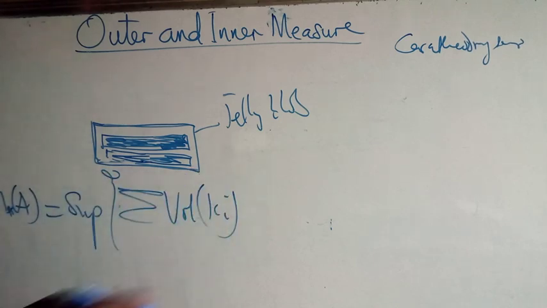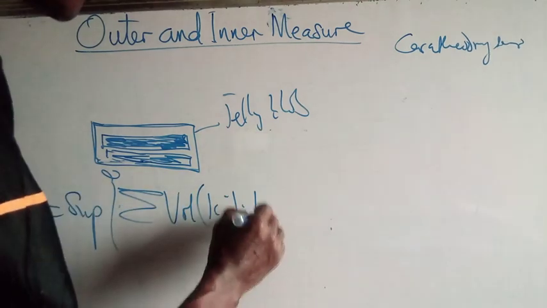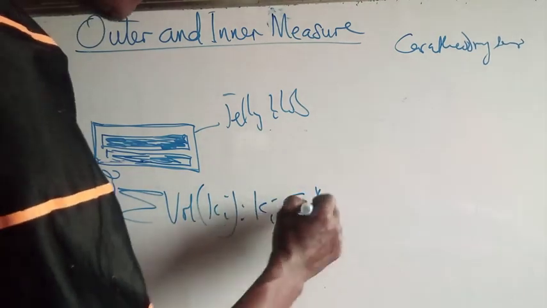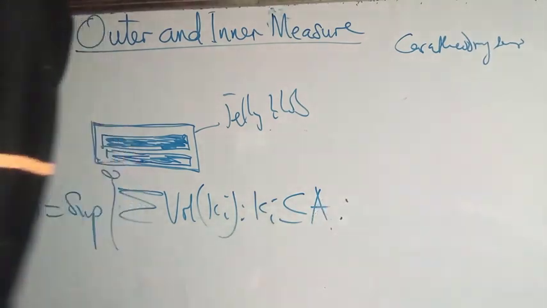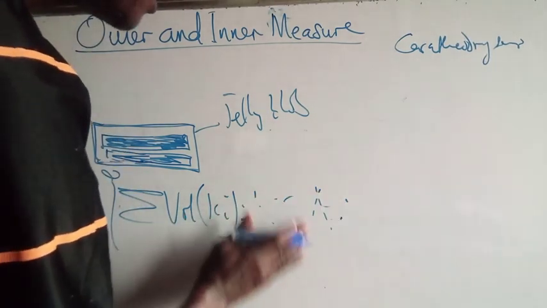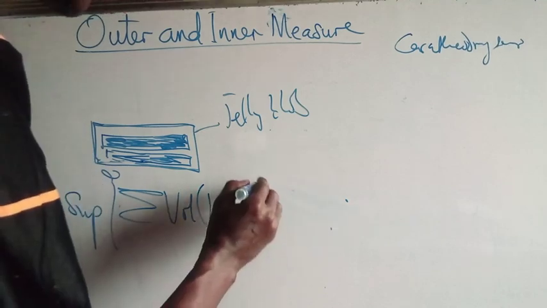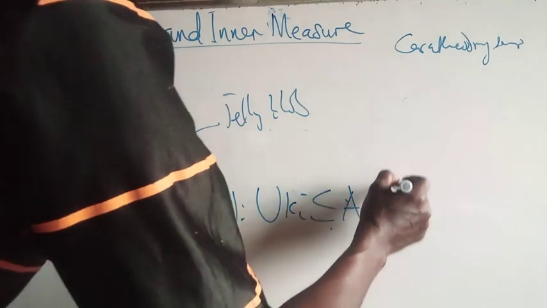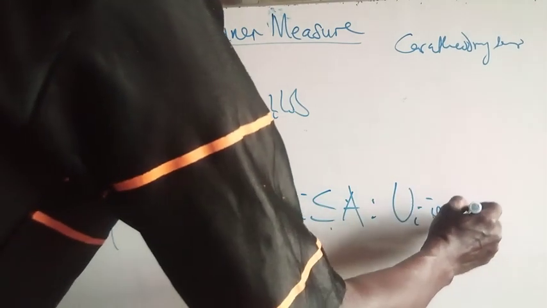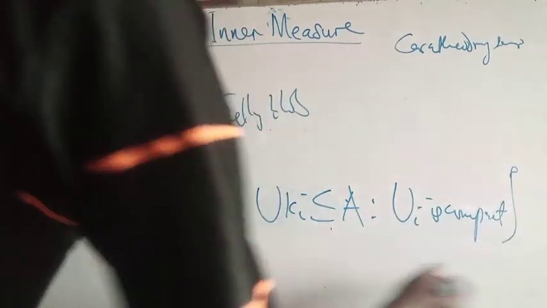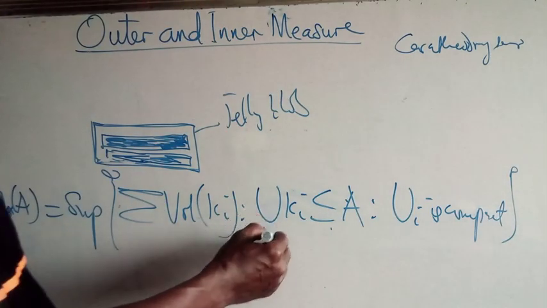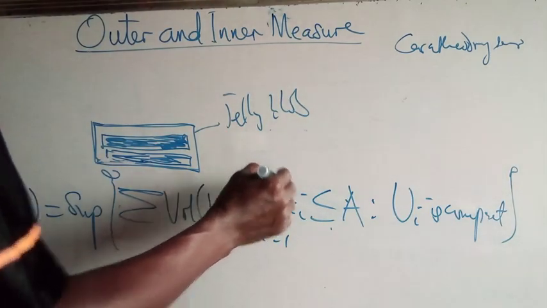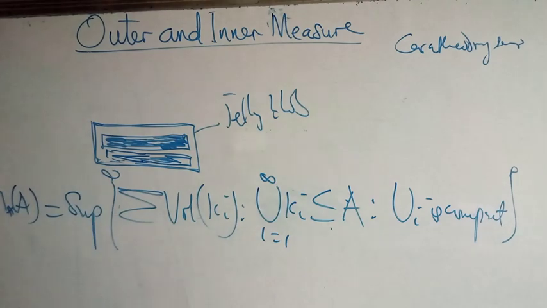We need a compact set in the case of this one, Ki, which is a subset of A, such that this will be the union of Ki, subset of A, such that the union of Ki is compact. So the materials needed now, and our i is moving from 1 to what? Infinity. Okay, so it must be compact. It must be compact for the inner measure.